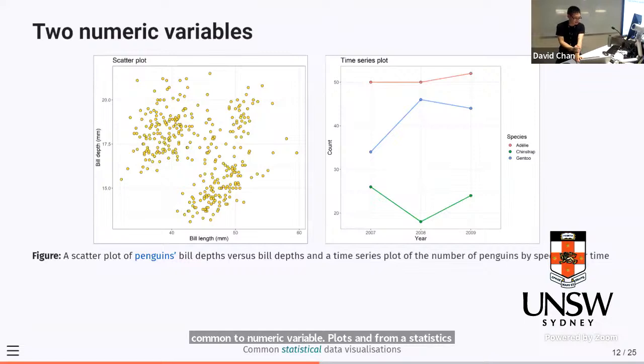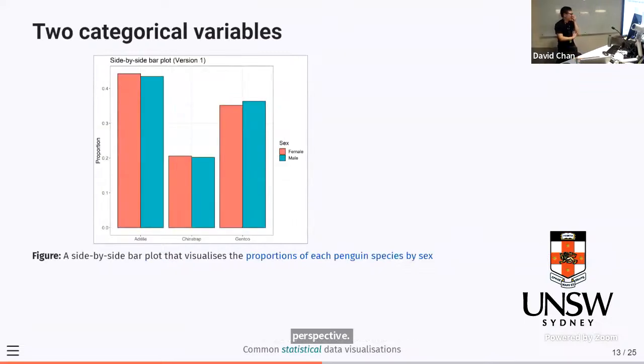Then lastly, I decided to do side-by-side bar plots for two categorical variables. What we're doing here is trying to visualize the count or proportion of one particular categorical variable, in this case, the species, by levels of a second categorical variable, such as, for example, the sex of the penguin.